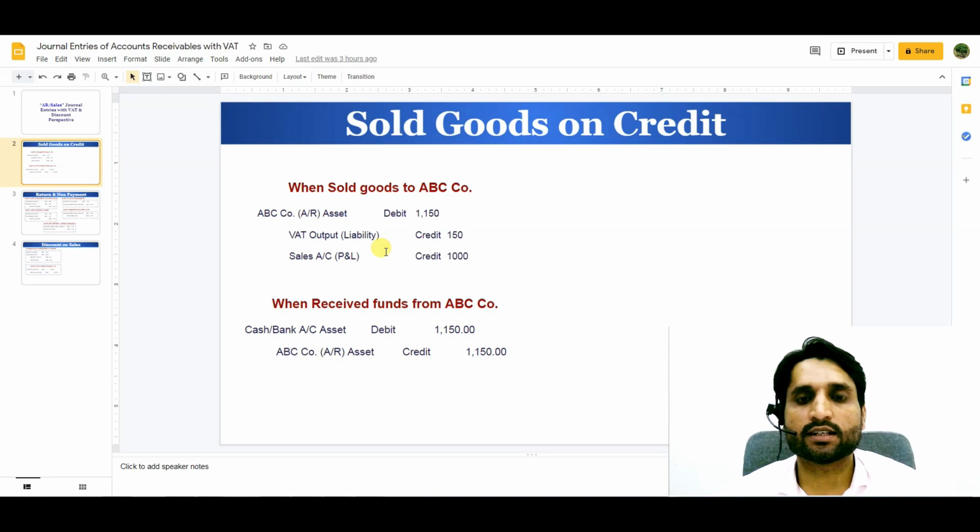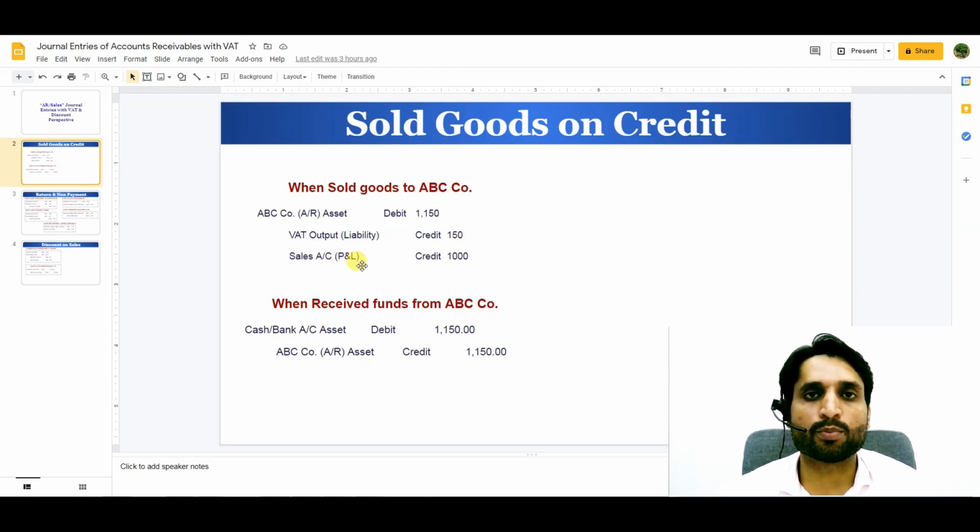In the beginning, we sold goods on credit. This is our first transaction. When selling goods to ABC company, the ABC company account receivable under current assets will be debited by the total amount. Value added tax output, which is our liability that we need to collect from the client, will be 150 as a 15% VAT.